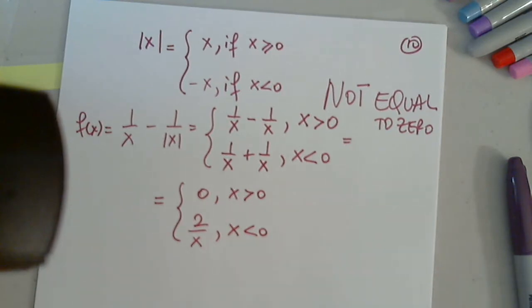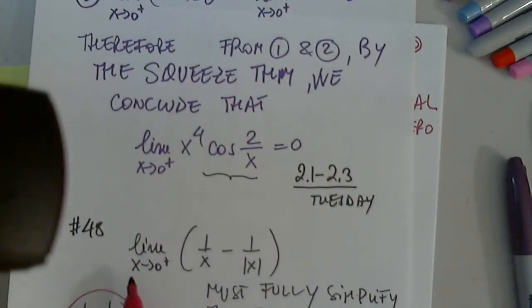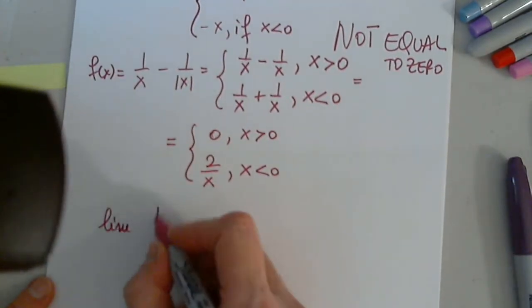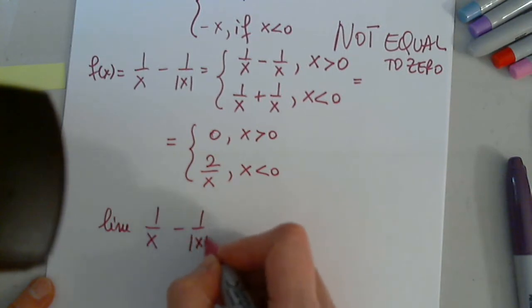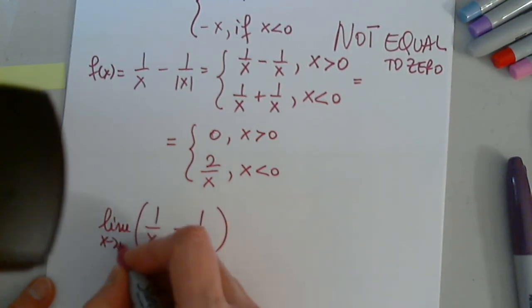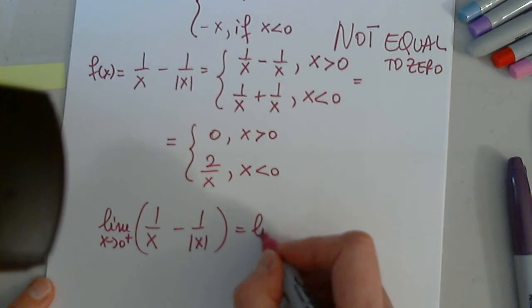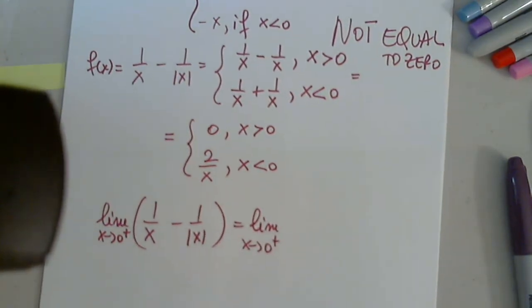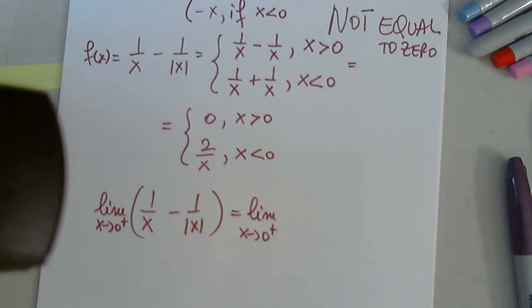Only now I'm ready for the limit as x approaches 0 from the right. So then the limit of 1 over x minus 1 over the absolute value of x as x approaches 0 from the right. Do not drop the limit operator. If you drop the limit operator, I cannot give full credit.